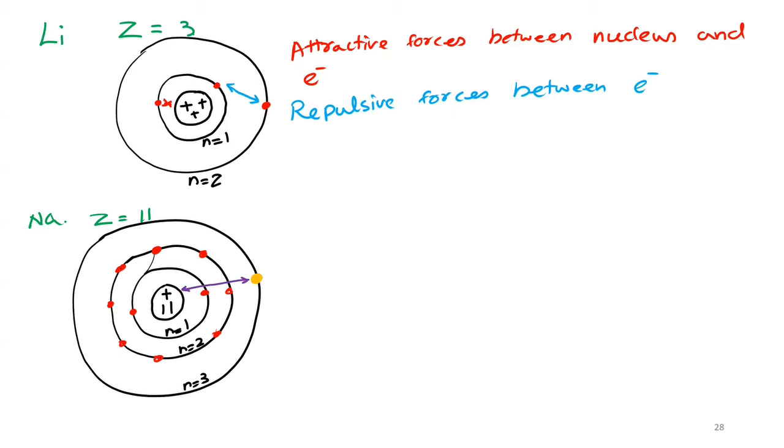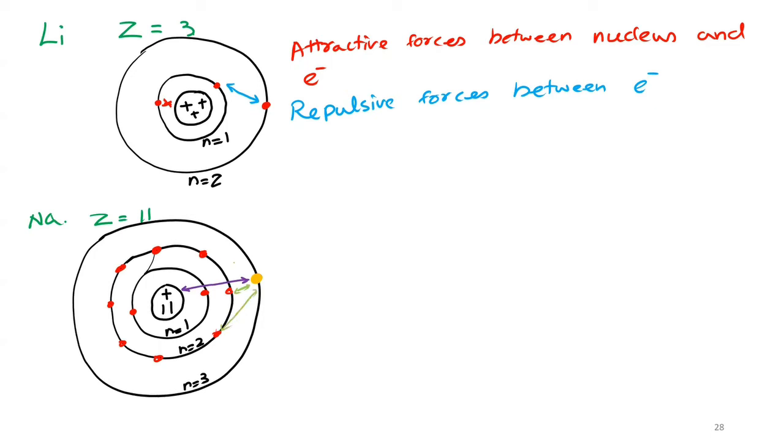Do you think this yellow colored electron in the last shell will feel the nucleus strongly? No, it cannot. There are lots of repulsions going on. This yellow electron in the outermost shell is repelled by these electrons.